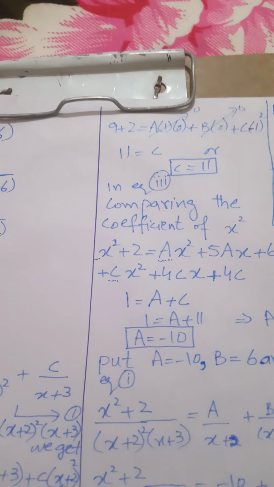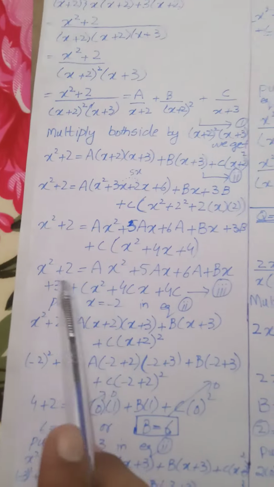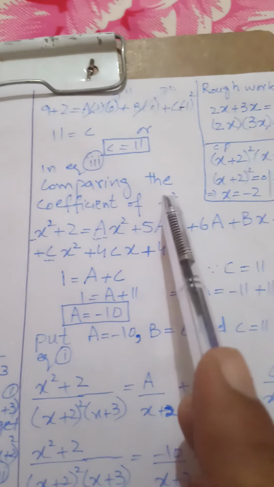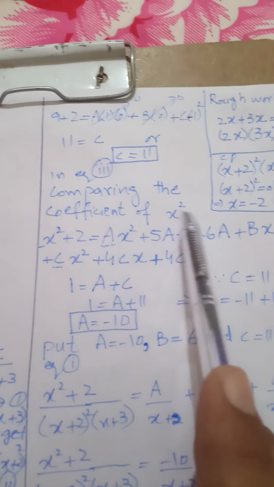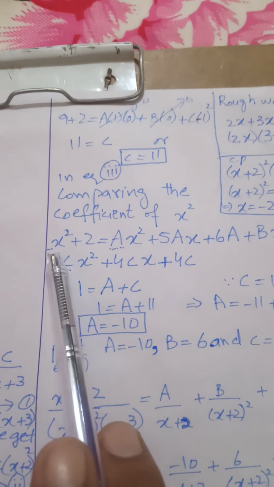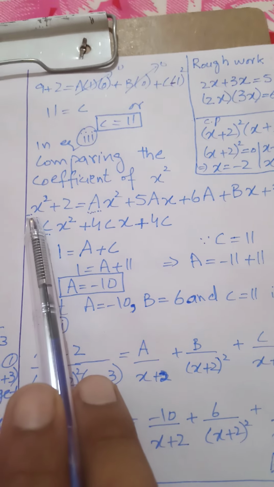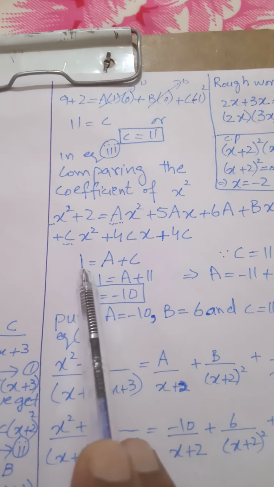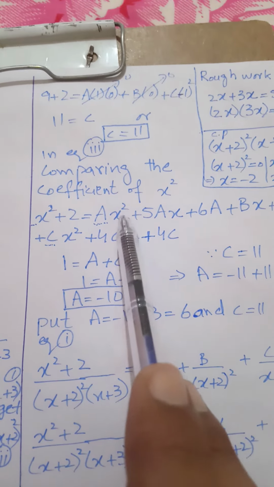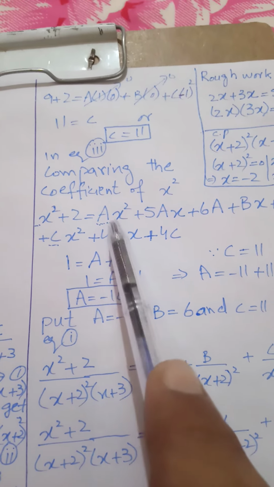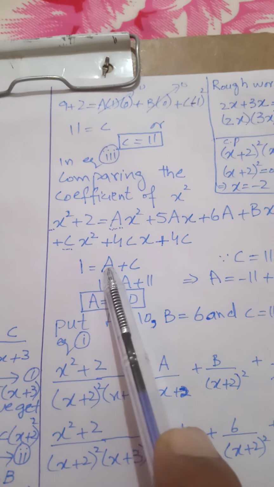and compare the coefficient of x square. So this is equation 3. We write over here, comparing the coefficient of x square. Now on the left side, this is x square plus 2. We know that if there is nothing written, it means the coefficient will be 1. So here it is 1. And similarly, when we see this x square, the coefficient of x square is a, we write over here.